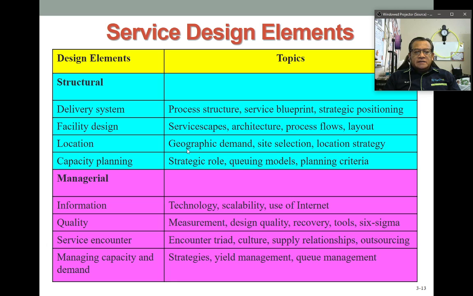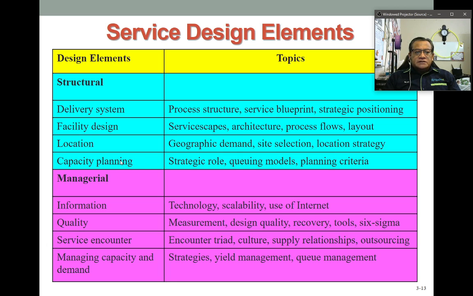If it is IT based, perhaps it must have good search keywords. It could also refer to the geographic demand, the site selection, and the location strategy for the service to be offered.